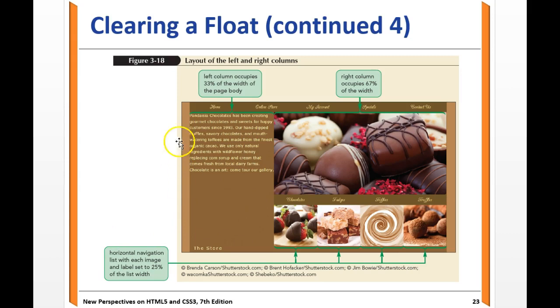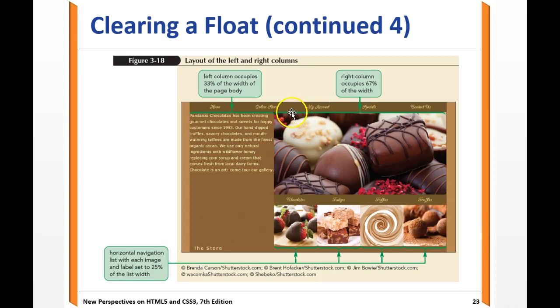So this is an example of what you are going to see as the output. The left column occupies 33% of the width of the page body, and the right column is going to be 67% of the width. In this example, the horizontal navigation list with each image and label are being set at 25%.